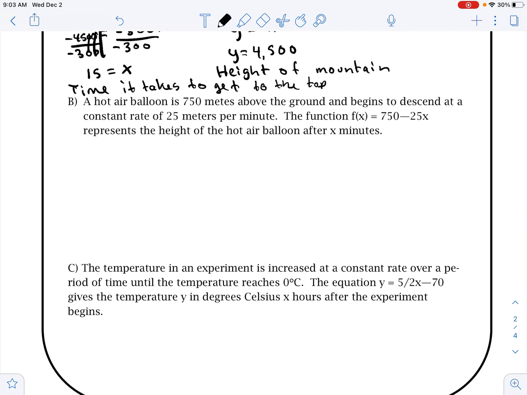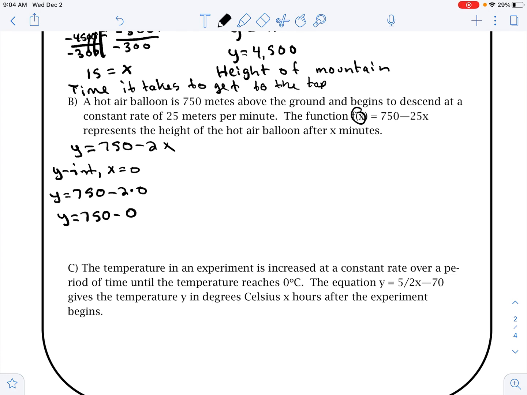So once again, anytime I have an equation f of x, I just change that to y equals 750 minus 2x. We want to find the y-intercept. So we're going to make x equal 0. So y is equal to 750 minus 2 times 0. So y equals 750 minus 0. So it's 750. And then I do that to find the x-intercept.